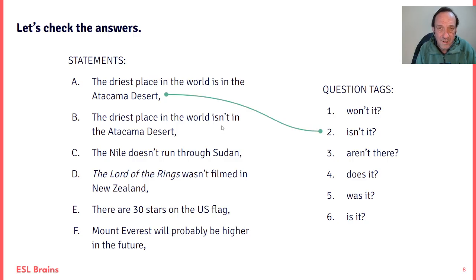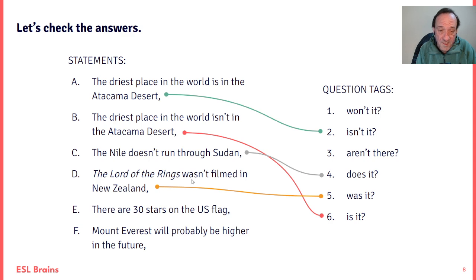Negative, is it? The Nile, the Great Nile River, doesn't run through Sudan. Negative becomes positive, does it? The Lord of the Rings wasn't filmed in New Zealand, was it?